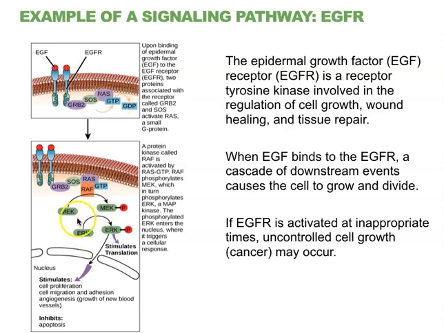And what's going to happen is, as a result of the phosphorylation that's occurred on the receptor homodimerization here, you can actually see now a series of cytosolic proteins, MAP kinases in this case, are now actually sending signals inside the cytosol of the cell, where eventually one of these will now travel into the nucleus of the cell, where it will stimulate cell proliferation, cell migration and adhesion, as well as angiogenesis.